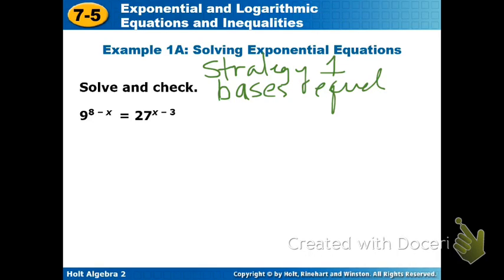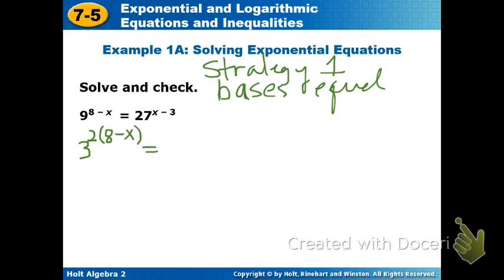So I'm going to take that 9 and rewrite it as a base 3. What is the power that I raised 3 to give me a 9? 2. So I'm going to rewrite 9 as 3 squared. That 2 is a power, and it is now multiplied with the power that is already there, which is 8 minus x.